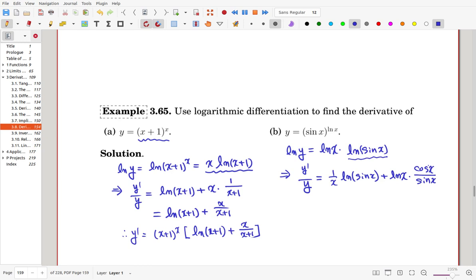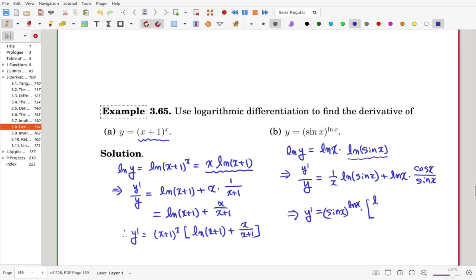Right? Okay, so now we have y prime equal to y times that term. y is sine x to the logarithm x, times that whole thing.